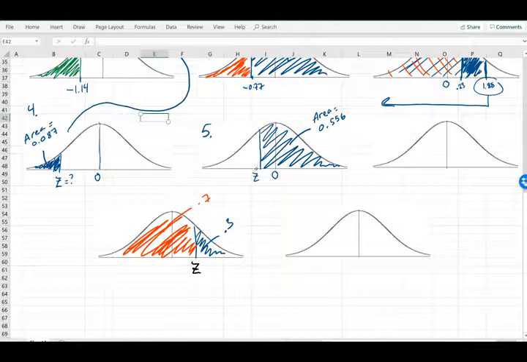So we need this area, and for this area, we'll just take 1 and subtract off. So this area equals 1 minus the 0.556.